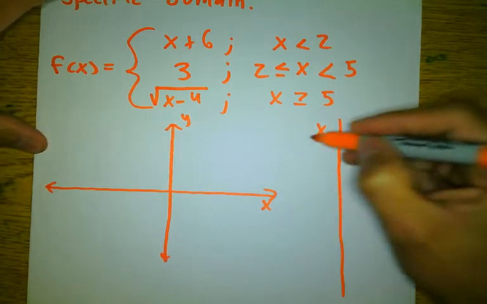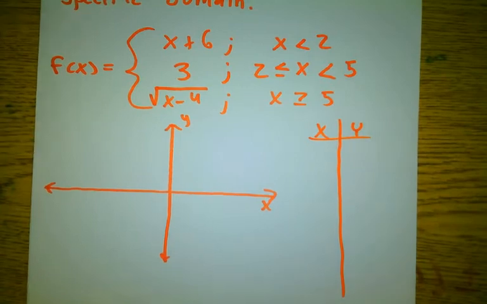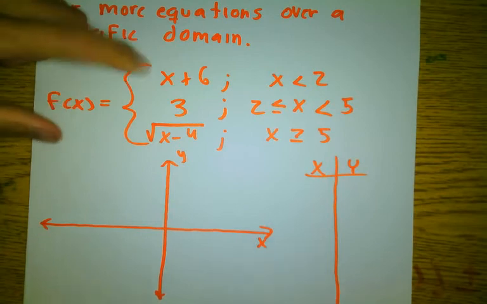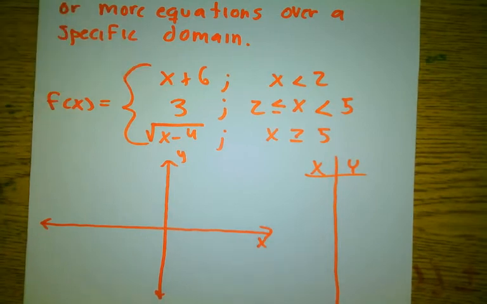How does a table work? You have to select values of what? You have to select x's, and then the function gives you values of y. Are you guys with me? So I am interested first in this line over here, x plus 6. Cool? Now, I know it's a line because it's a power of 1.